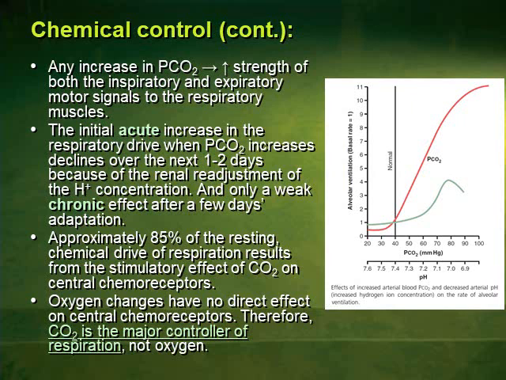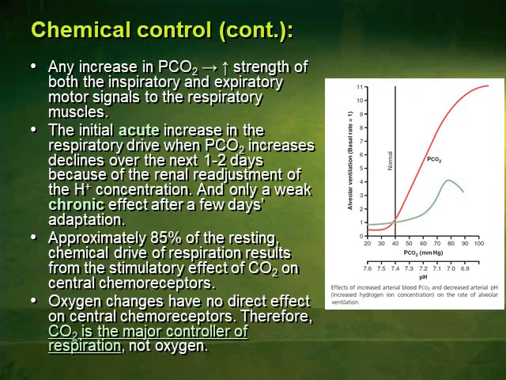However, if the rise in the partial pressure of carbon dioxide in the peripheral blood persists, after 2 to 3 days, this response in the alveolar ventilation will start to decline and decrease.